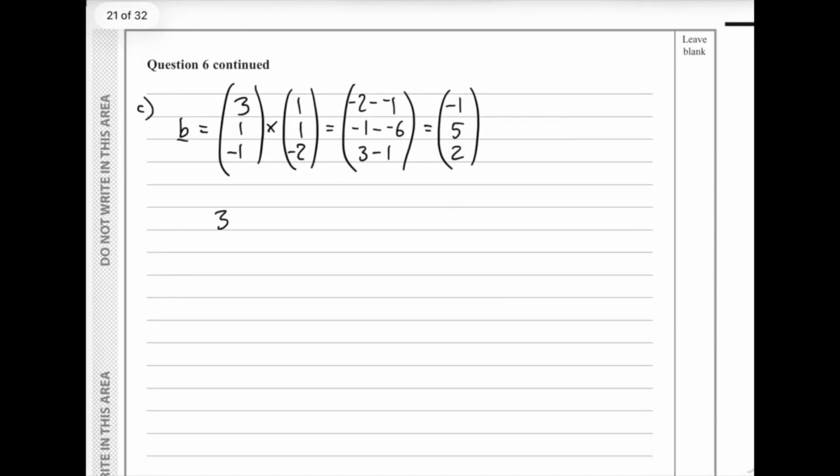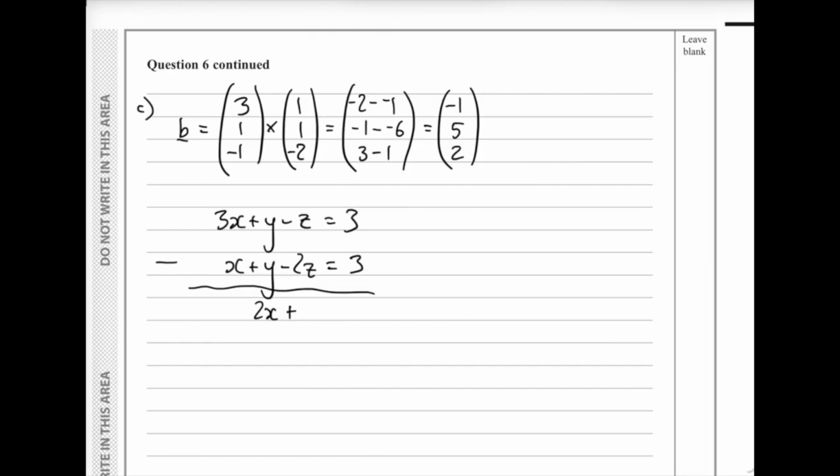So here we've got 3x plus y minus z equals 3, and x plus y minus 2z equals 3, and I'm just going to subtract them. 2x plus z equals 0, so z is equal to negative 2 lots of x. I can choose any number here, and all I need to check is that it works in both of those equations. So if I say let x equal 1, then z is forced to be minus 2 because of this relationship here, and then I just put it into these two equations and check that it works with the same y value.